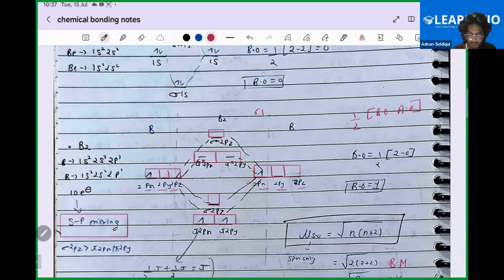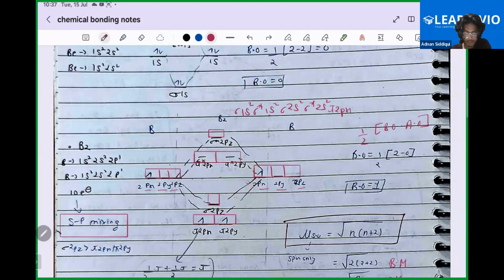Sigma 1s2, sigma star 1s2, sigma 2s2, sigma star 2s2, then sigma p, no, not sigma. It's pi 2px, right? Not sigma.